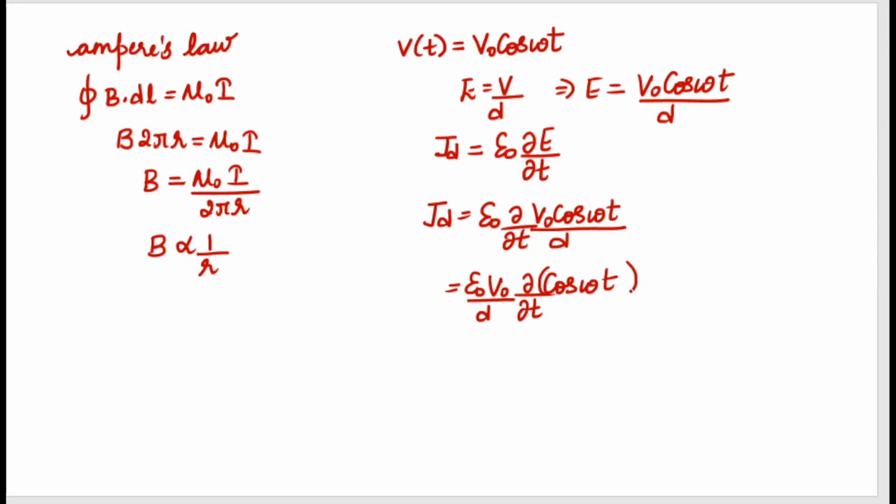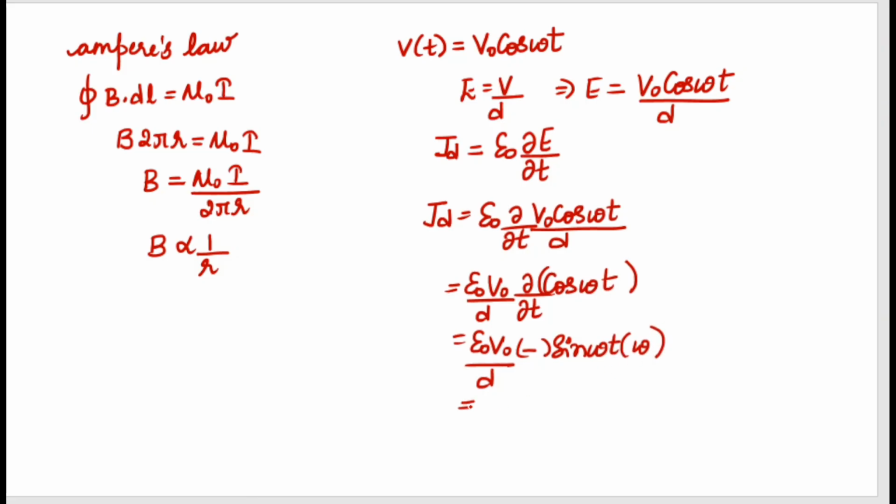Yes. Now, with epsilon naught V naught divided by d outside, do the partial derivative. The partial derivative of cos of omega t is minus sine of omega t, and according to the chain rule, I need to differentiate omega t again partially, so I'll get omega. Right.